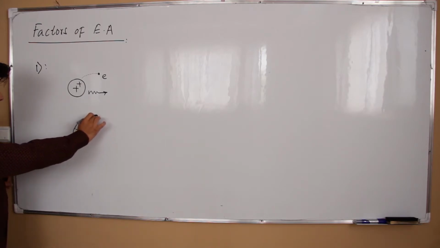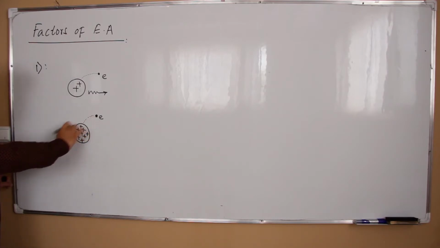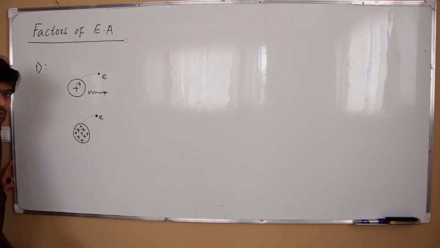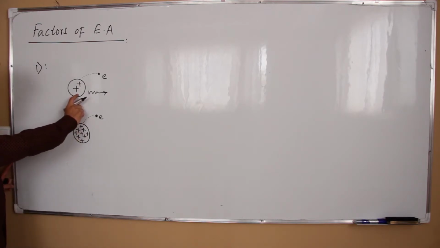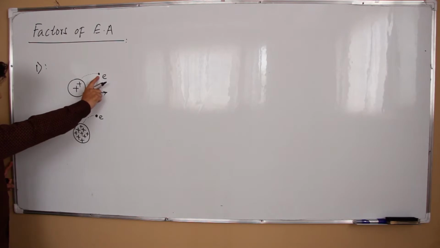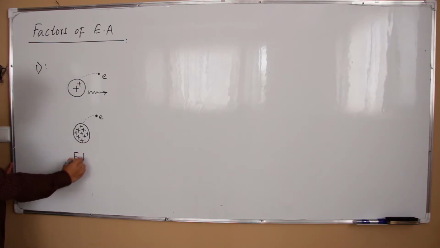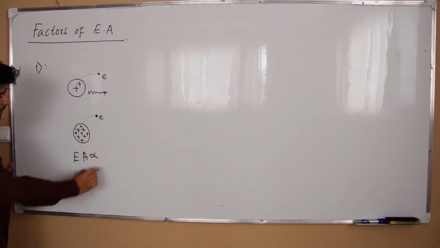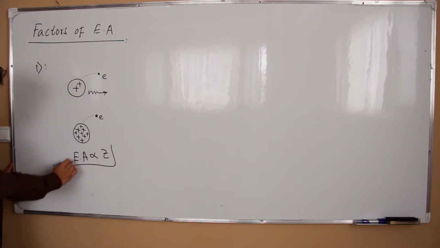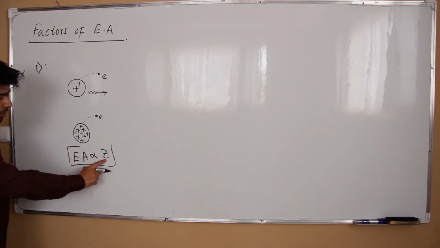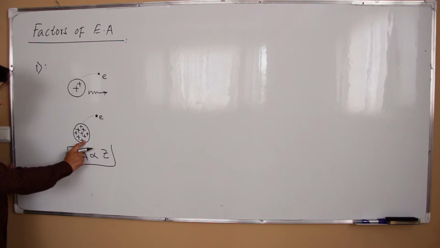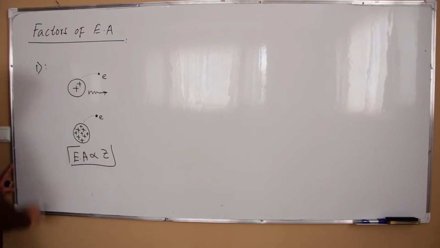Now you are bringing an electron close to this atom. What do you say? Does the first atom catch the electron soon or the second? I think the second. It means electron affinity is directly proportional to Z, or to the atomic number, or to the number of protons.